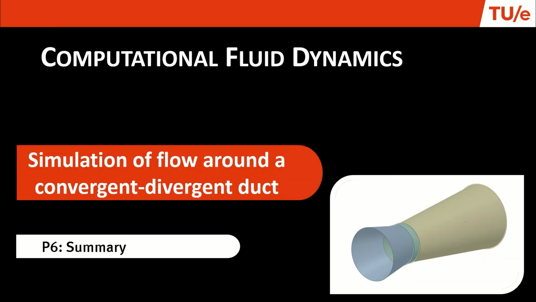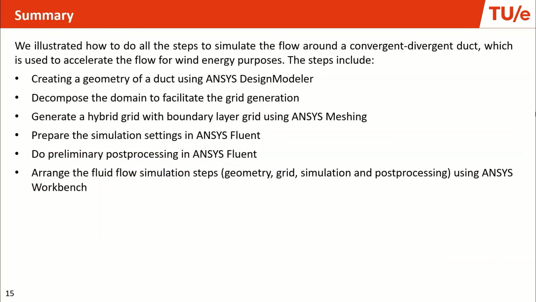Now we're going to see the summary of what we learned during this tutorial lecture. We learned how to prepare all the steps to simulate the flow around a convergent-divergent duct, which is typically used to accelerate the flow for wind energy harvesting purposes.